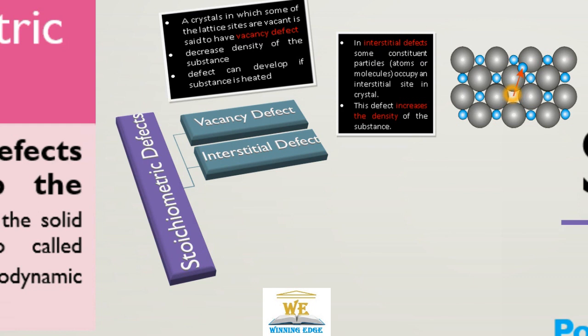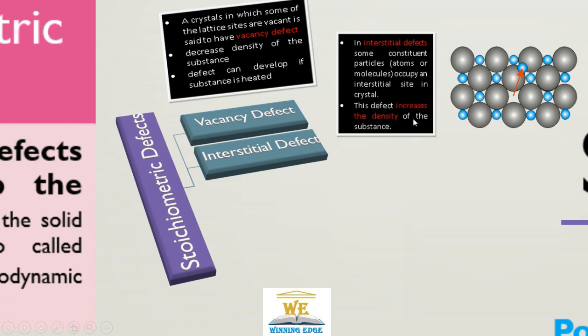But what we see is that certain atoms or molecules leave their regular position and come to the interstitial site, which is a space between the different layers as we discussed earlier. Such defects are known as interstitial defects.